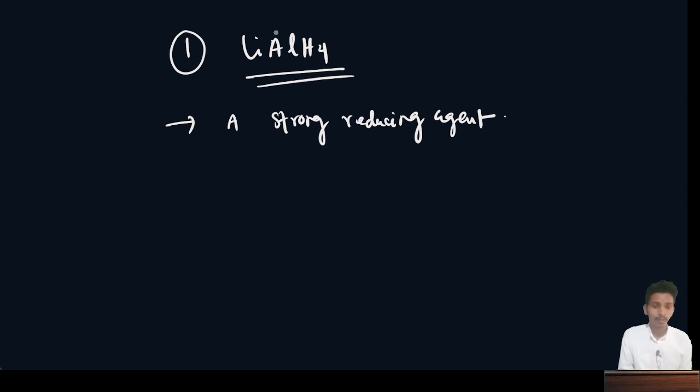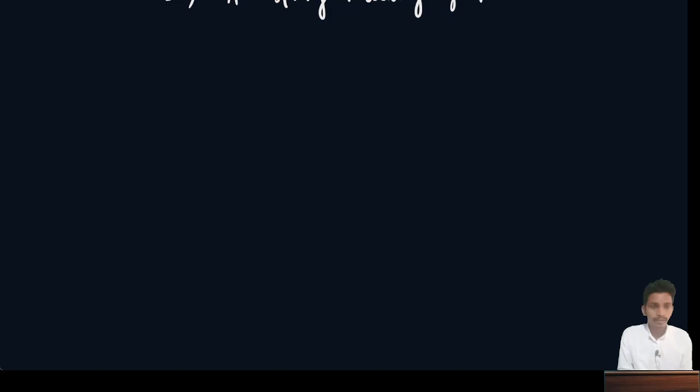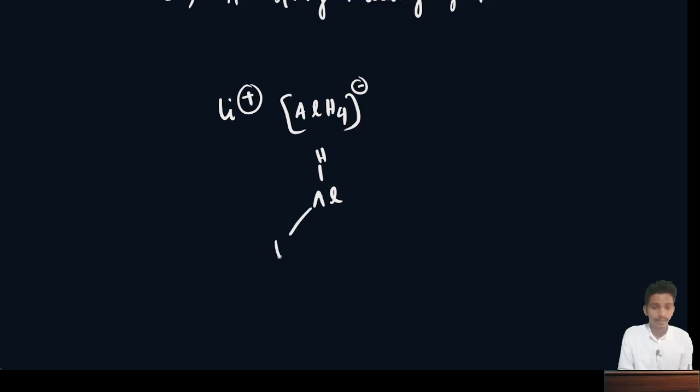Okay, so first we will look at how its structure is. This is lithium aluminum hydride, LiAlH4, with Li plus and AlH4 minus. This is the structure of lithium aluminum hydride, with hydrogens, one in the plane, one above and one in the back.